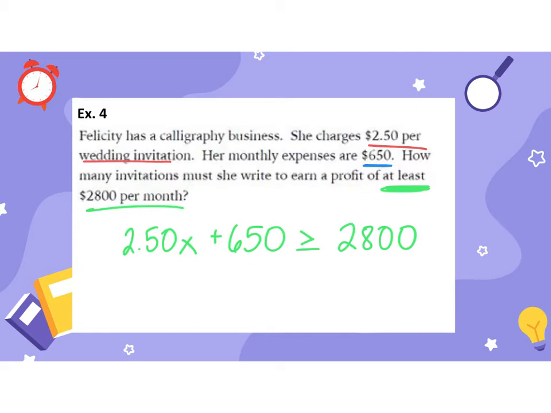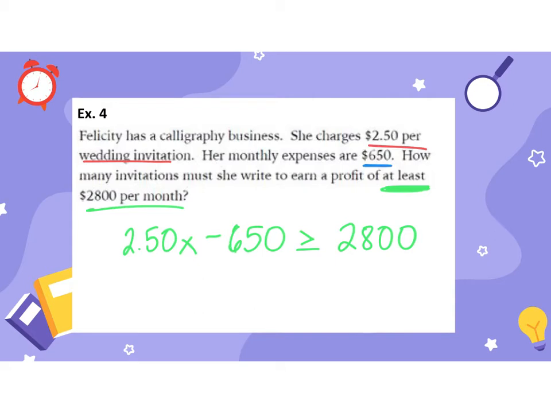Yep. And 650 is an expense? Mm-hmm. So wouldn't that be a negative 650? So, let's look here. Yep. I would agree with that. So her monthly expenses are $650 and she earns $250 per wedding invitation. So he's saying that this should be a negative $650.